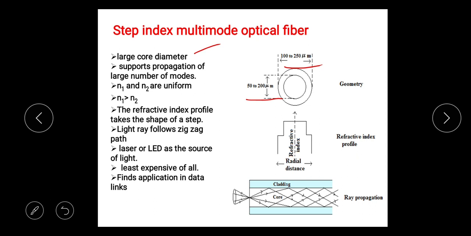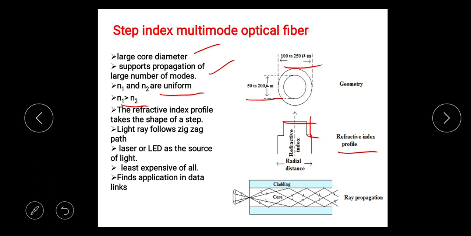Because of the large core diameter, it supports propagation of a large number of modes. Then N1 and N2 both are uniform. N1 is greater than N2. So because of these two cases, we get a flat region in the refractive index profile. N1 is uniform, N2 is also uniform, and N1 is greater than N2.